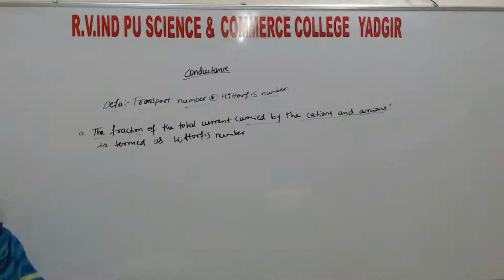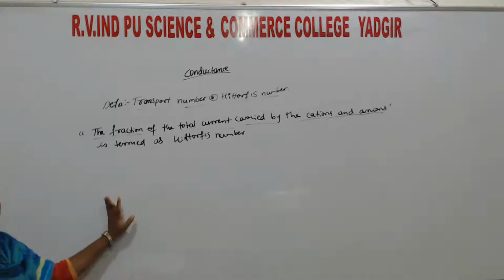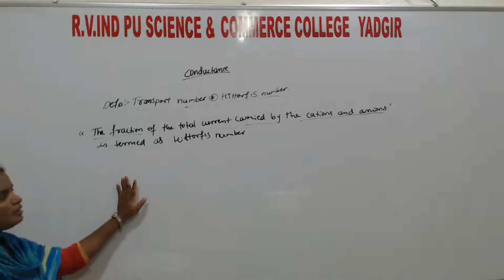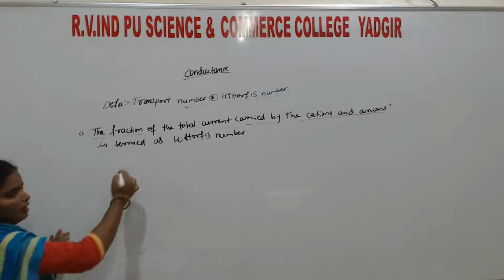The cations and anions move to the cathode and anode, and the speed of migration of the cation and anion gives the formula for the transport number of cation and transport number of anion, which I have already written.